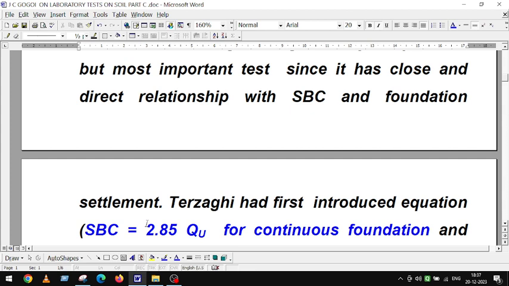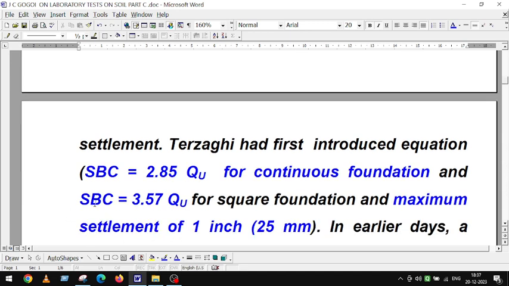Dr. Terzaghi had first introduced the SBC equation as 2.85 Ku for continuous foundation and SBC equal to 3.57 Ku for square or circular foundation, with a provision of maximum settlement of 1 inch, that is 25 millimeter.